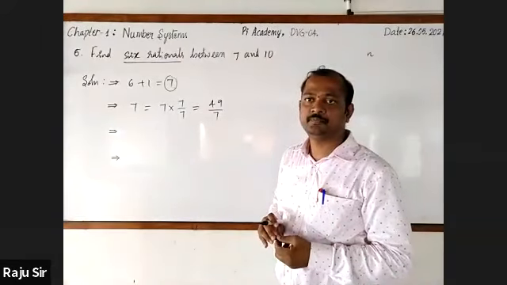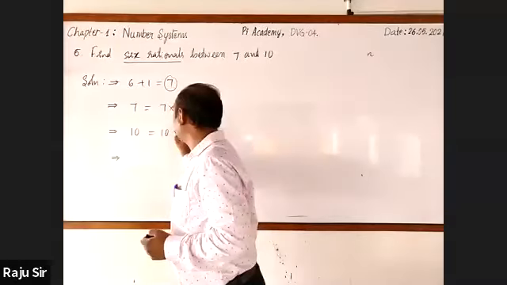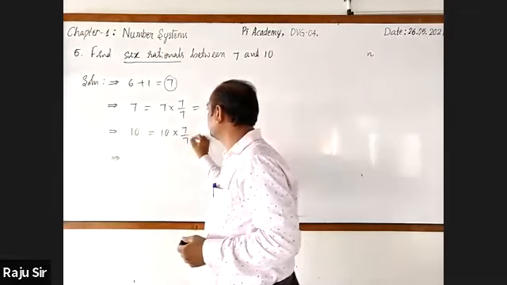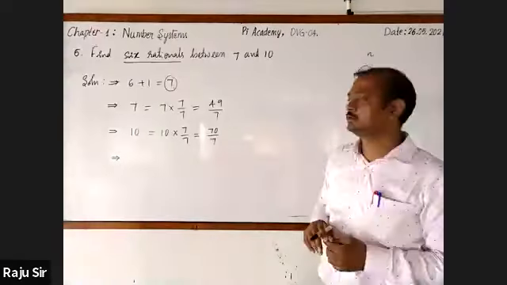Have you written? Okay. Take the second number, 10. Again multiply 7 by 7 to the 10. You will get 70 by 7. Very good.